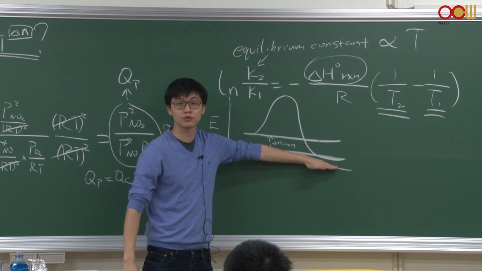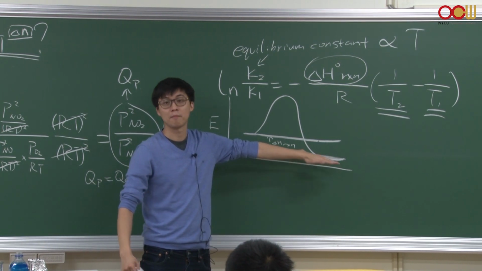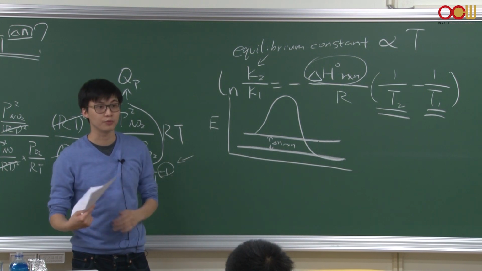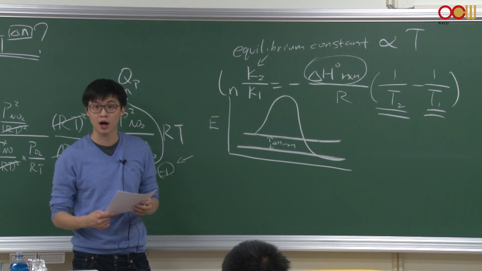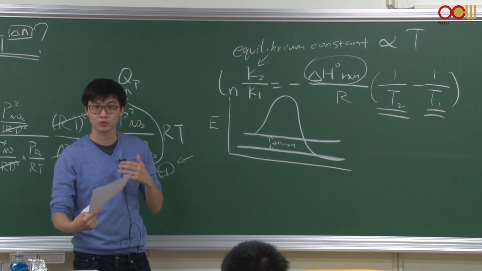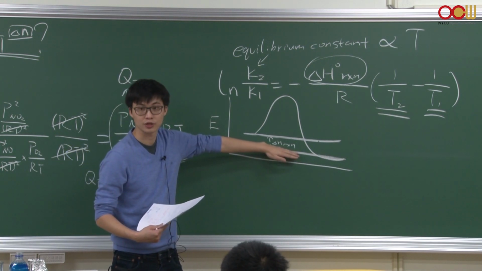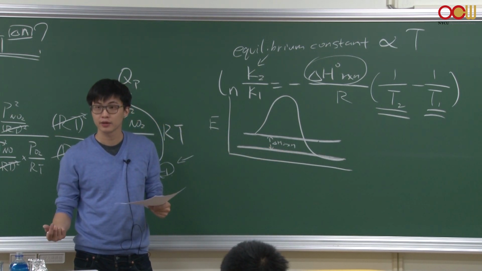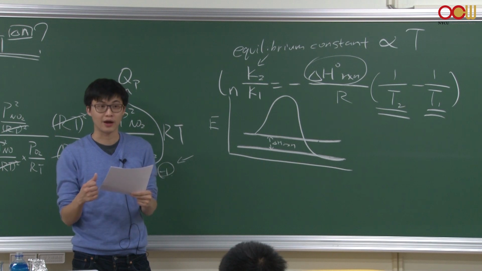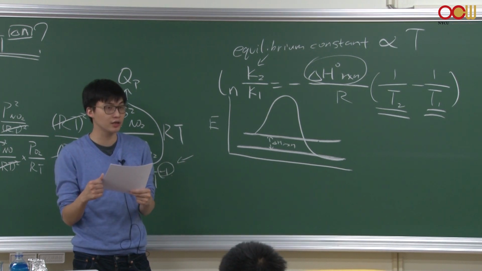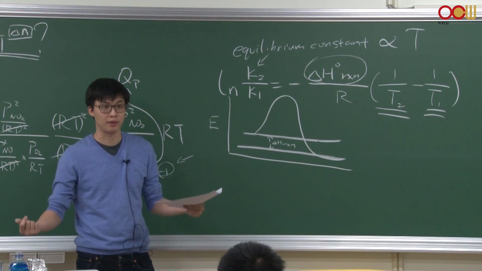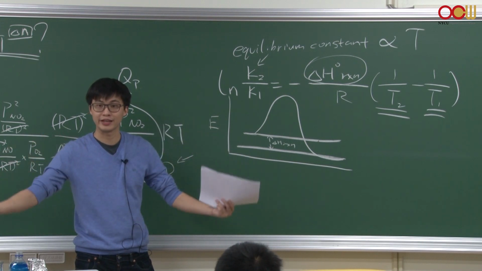So if you go back to the previous chapter, we talked about bond energy. When you do a reaction, you break some bonds and you form some new bonds, and the net value is the heat of reaction. So it could be endothermic, that means it requires heat, it absorbs heat from the surroundings, or it can be exothermic. Okay, so that means it's releasing heat.